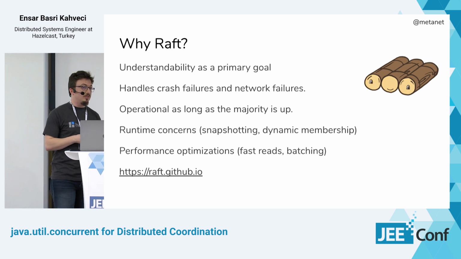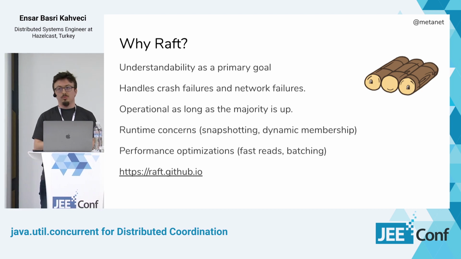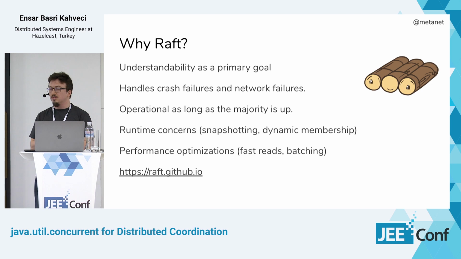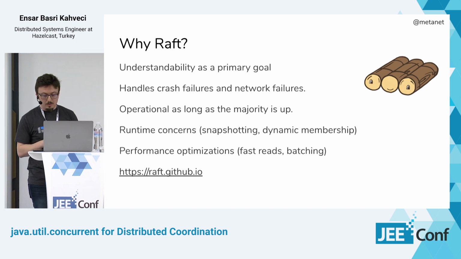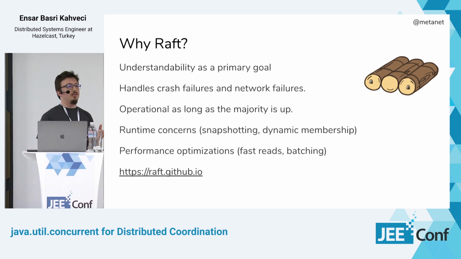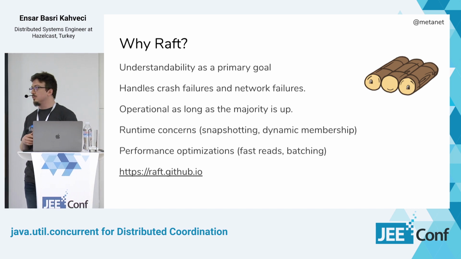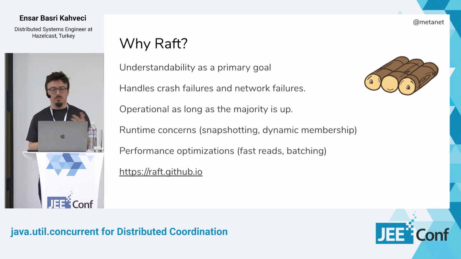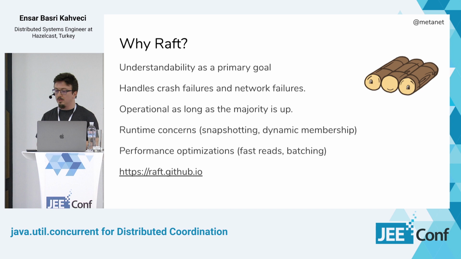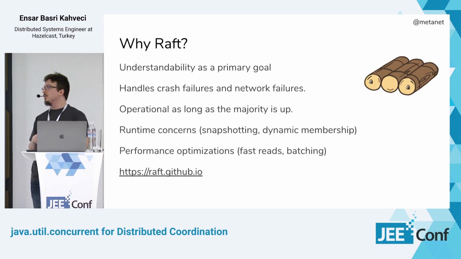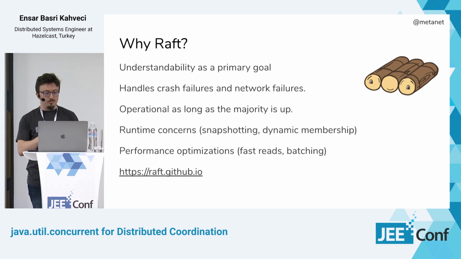On the other hand, Raft is a new consensus algorithm developed recently, I guess 6 or maybe 7 years ago. Its main goal is understandability. And I think it achieves this goal because it has been adopted by many successful systems like etcd, Consul, Neo4j, what else, Hazelcast, I don't know, many tools.